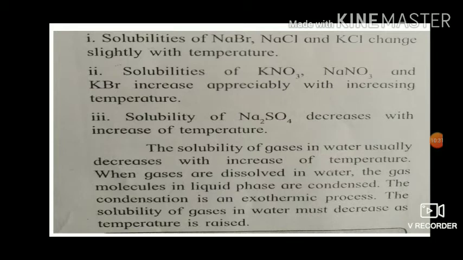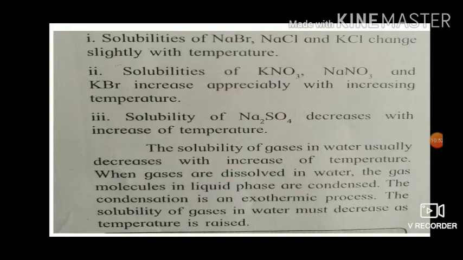Also, the solubility of Na2SO4 decreases with increase of temperature. The solubility of gases in water usually decreases with increase of temperature.